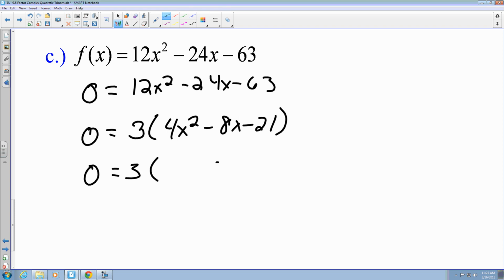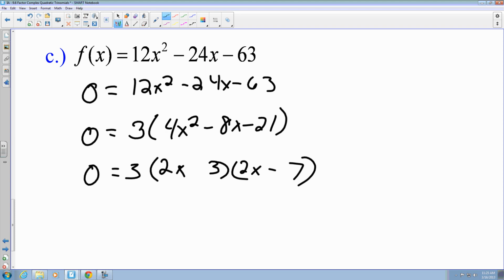So I got parentheses. I got x here and x here. And I can put a 2 and a 2. If I put a 3 and a 7, I'd get 14 minus 6, which would give me 8.